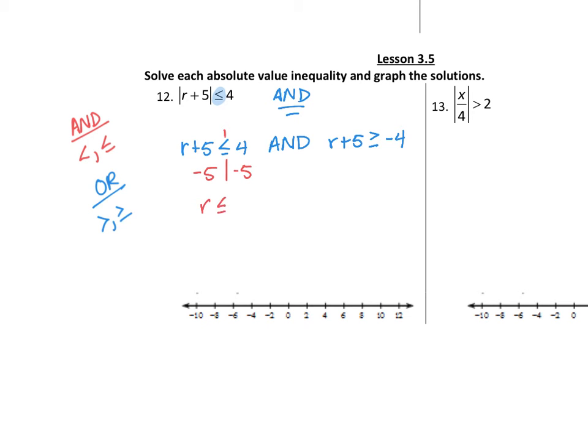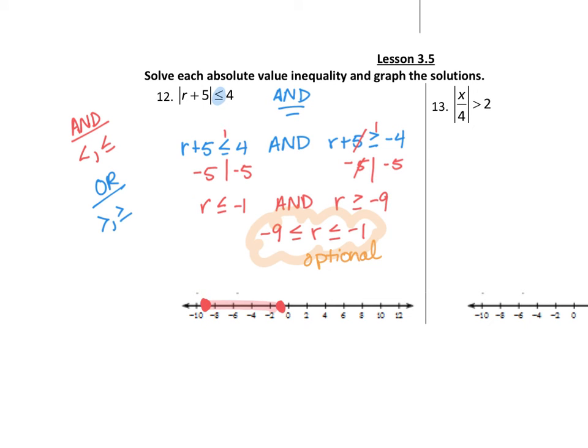R is less than or equal to negative 1, and subtract 5 over here, I get r is greater than or equal to negative 9. If you had to write this by hand, just a reminder that writing it in this condensed form is optional. It only applies to ands, but you do need to be able to recognize it if it were a multiple choice option.